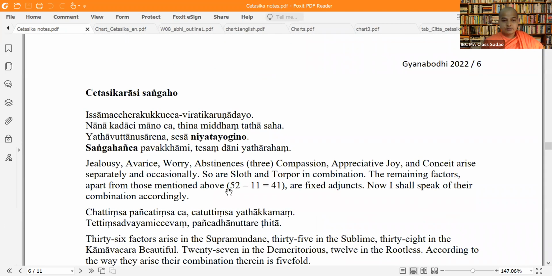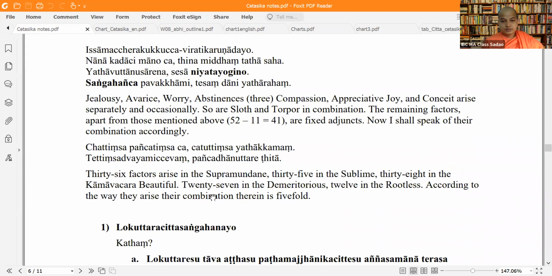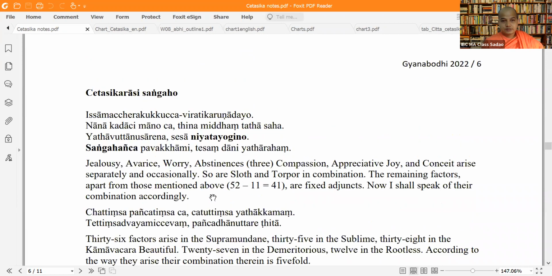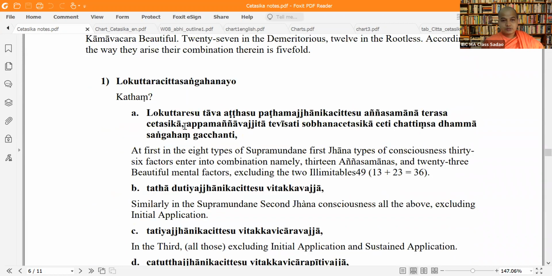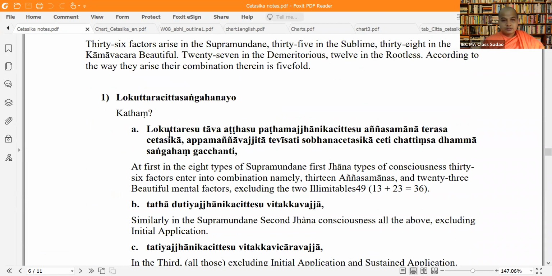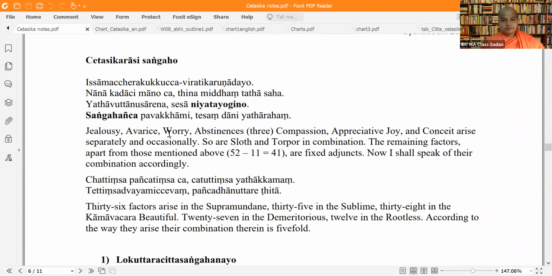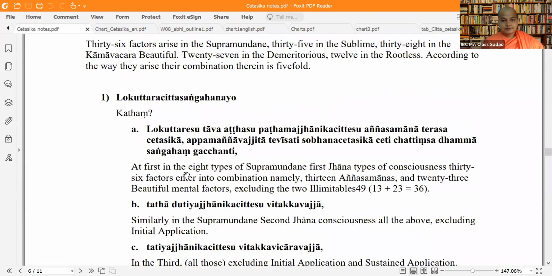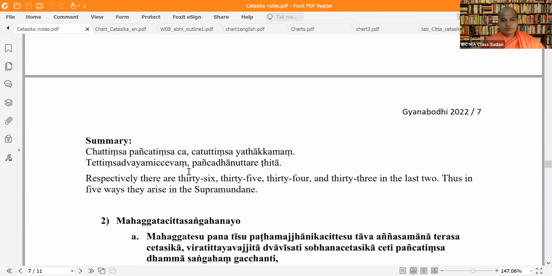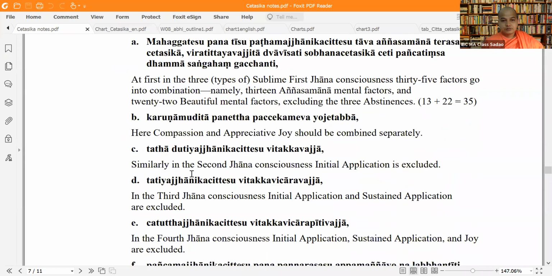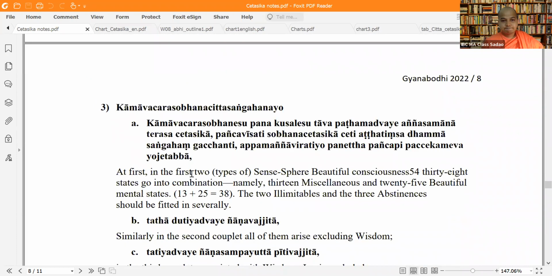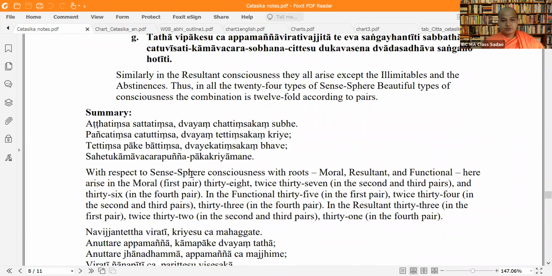Now here you have a different presentation of these combinations. This is Chaitasika Rasi. Any questions so far?